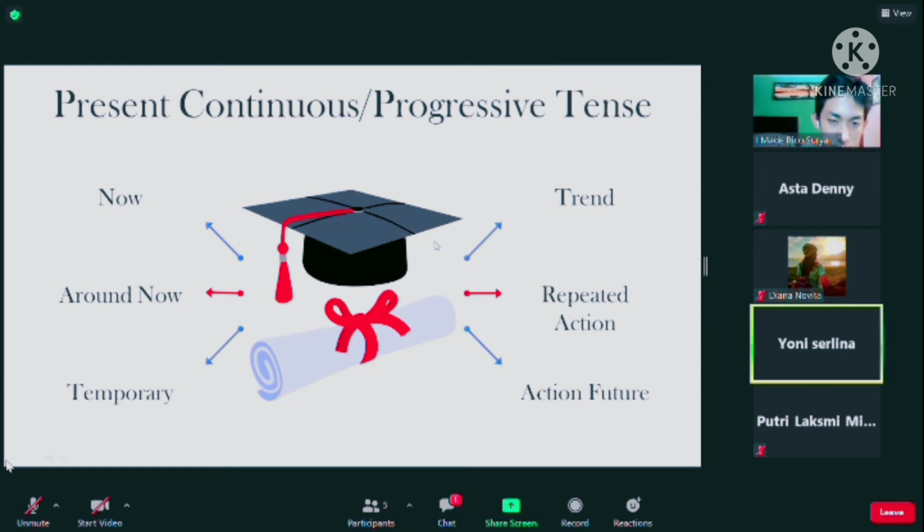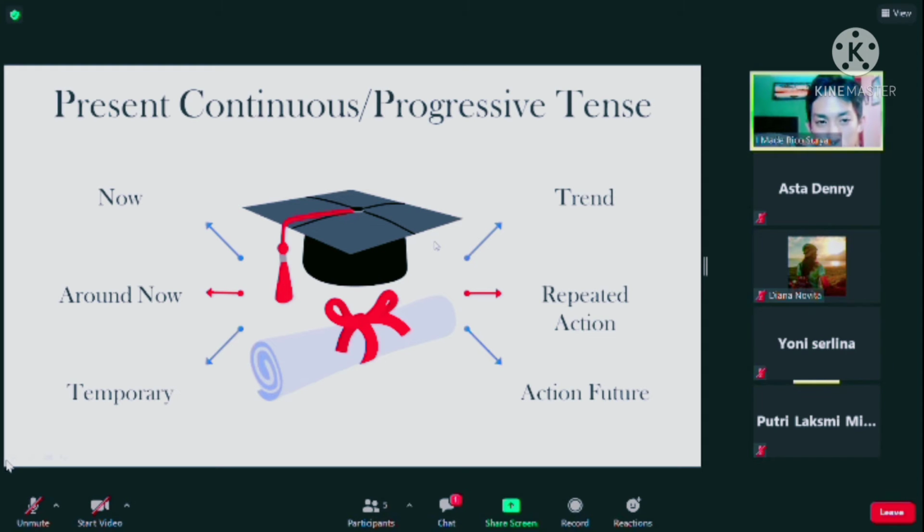I want to ask a question about now. So should we only use the word now, or do we have another word except now? There are many words, but now I think it's too formal. Like maybe in the moment, can we use it?